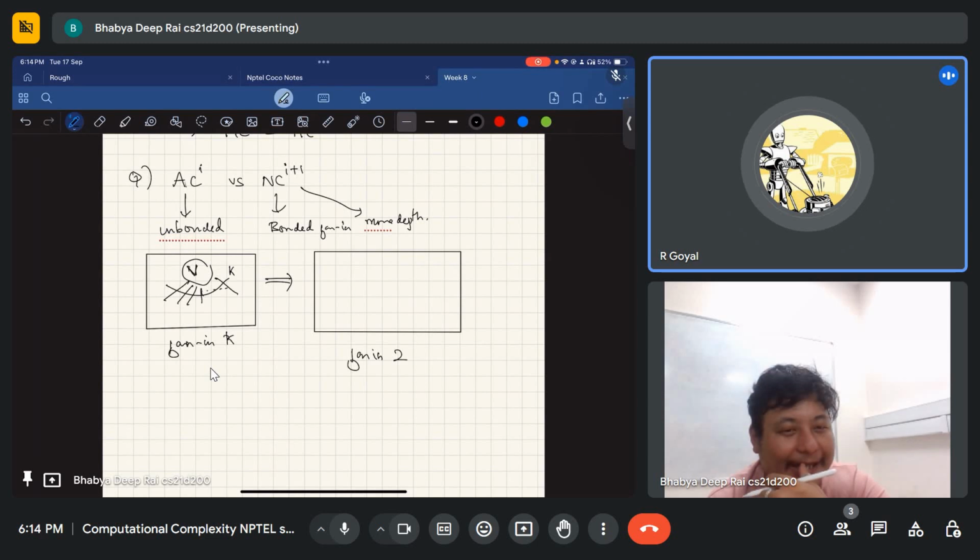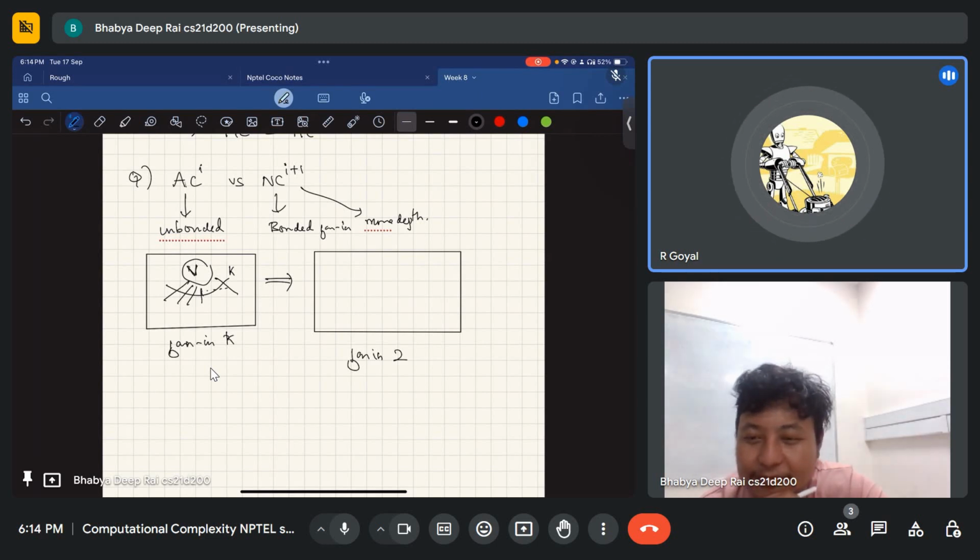So I can use many OR gates having only two inputs, and finally I give the output as an input to another OR gate.